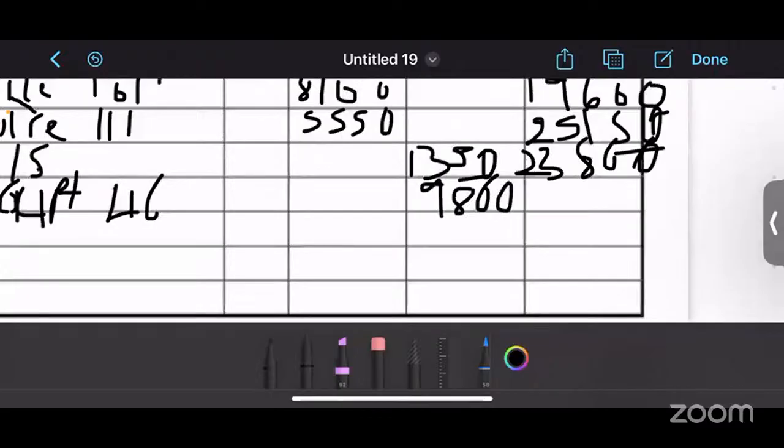And what is going to be the new balance now? Now that this person paid 9,800 rands, 14,000.